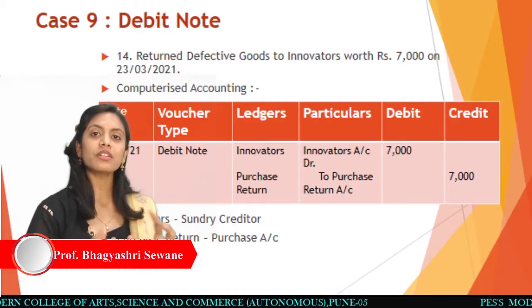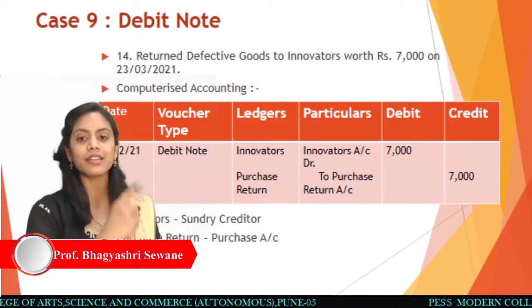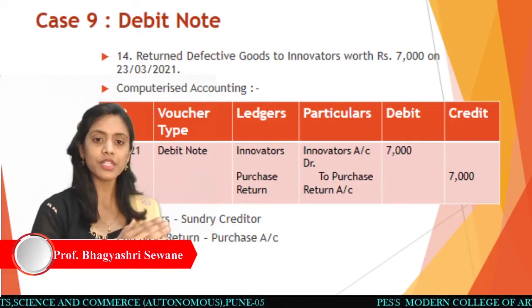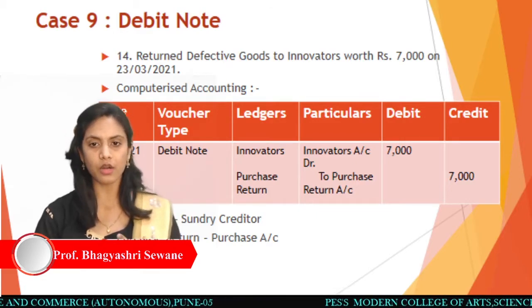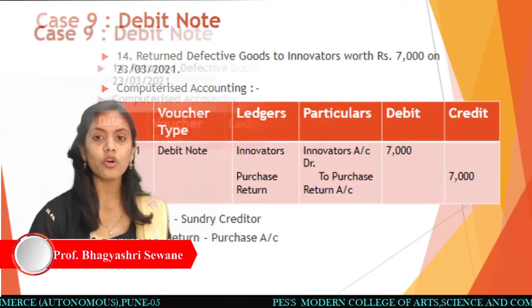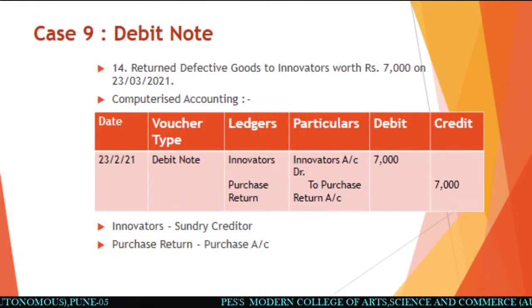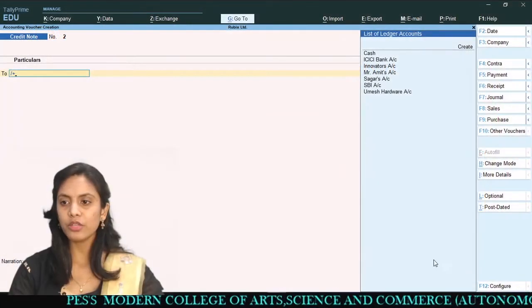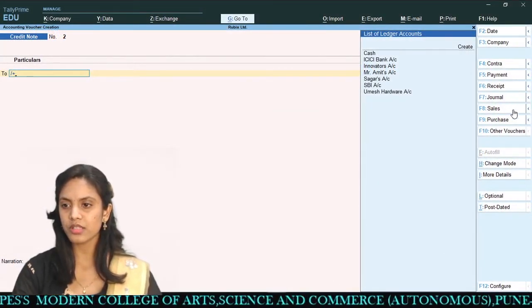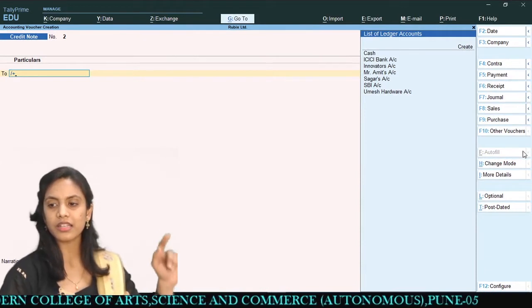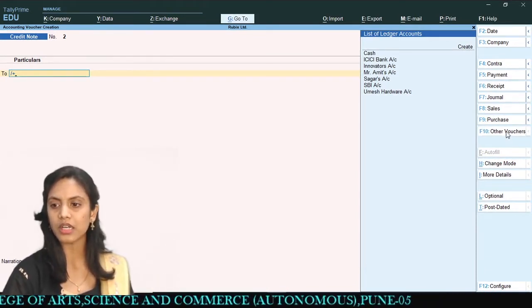Now you know that for safe purposes we have already created the Innovators account. We just have to prepare the purchase return account right now. So we will go for the purchase return account creation, and the Innovators account is already created. Okay, so let's move there. Here, debit note, first of all I have to choose, and once again you can see there is none of the vouchers, so I will go to the other vouchers.